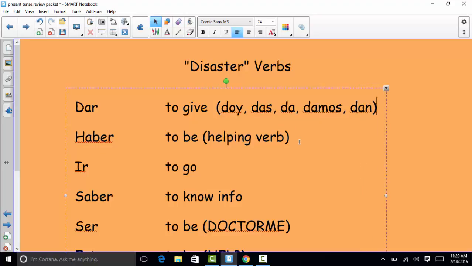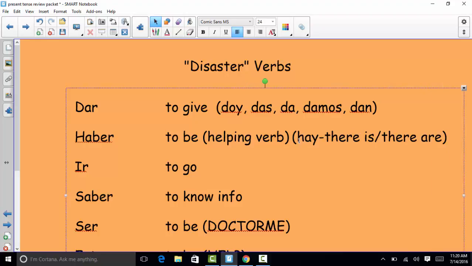So we've got doy, das, da, damos, and dan. There's that helping verb haber, where you're only going to use one form because you use it to say there is or there are. So that one's a little funky. Here, remember, ver looks just like dar, except there's a V. Saber, to know info.